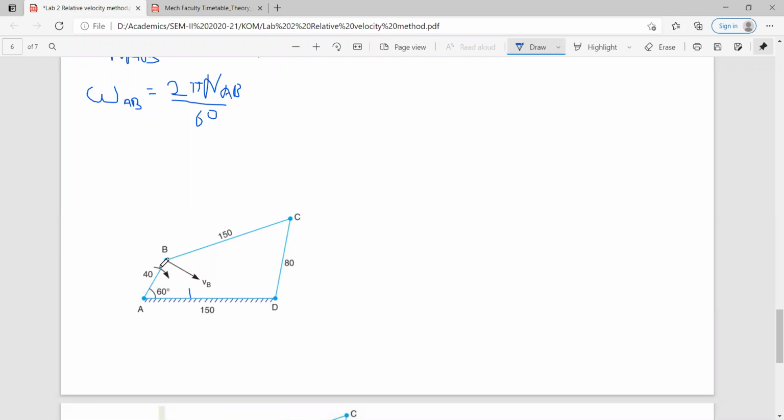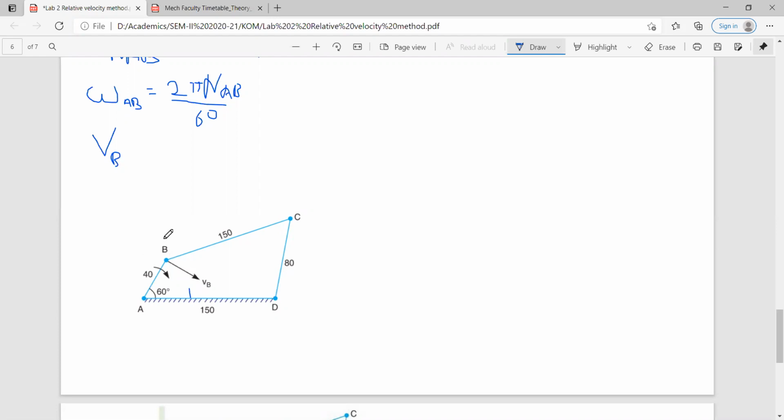So suppose point A is fixed, it won't have any velocity. Okay. So I will find what? I will find the velocity of point B. Okay.